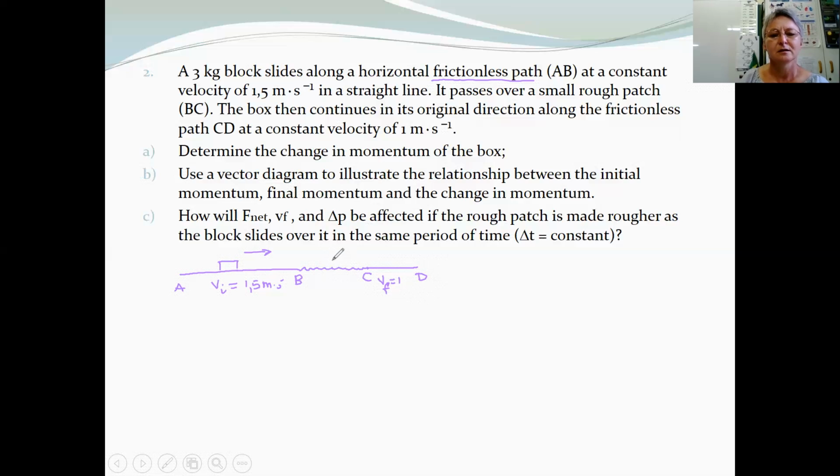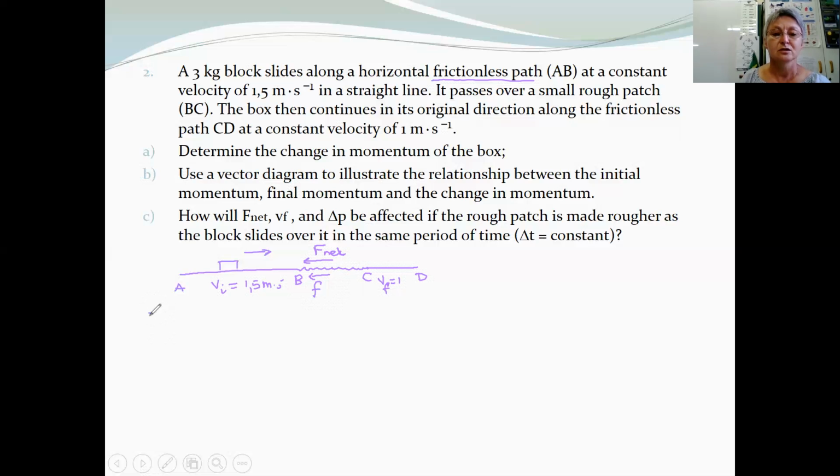Here the net force was acting in that direction. This is F net, in the opposite direction, because the friction would be the net force. There will be no other forces acting along the horizontal direction on the block.